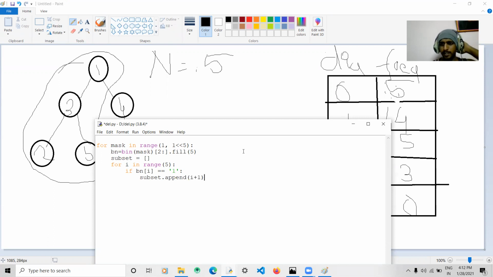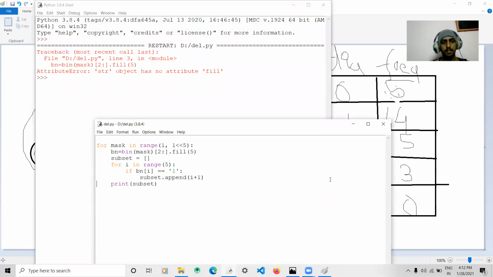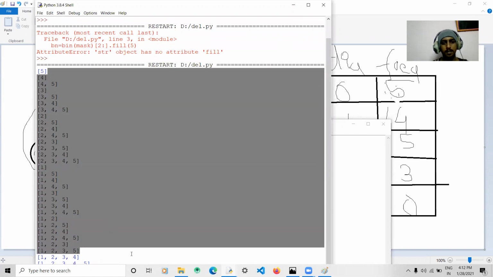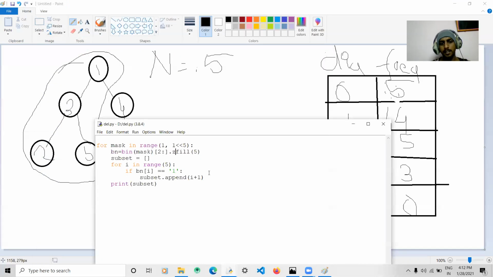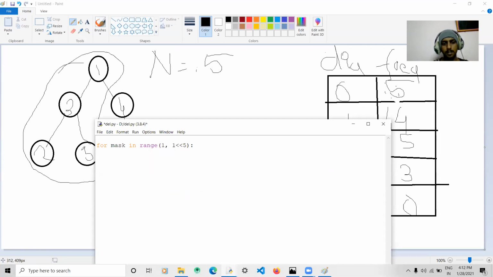Note that this is 0 indexed and we want 1 indexed, so I'm just increasing by 1. And you can print the subset. As you can see, we are getting all the subsets. So either you write it this way or you write it this way.